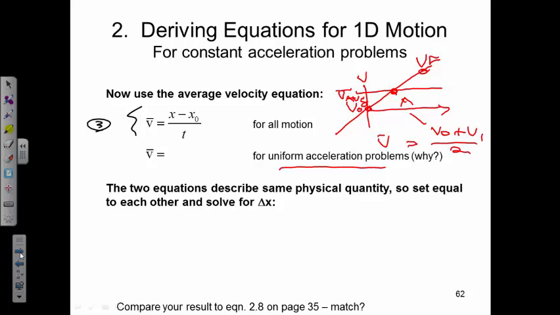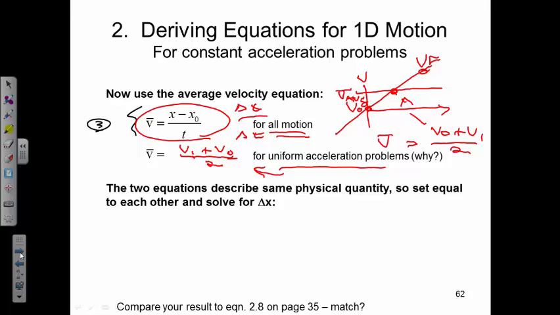That equals our average value when we have constant acceleration. This is not true if we don't have constant acceleration. The formula up above is good for any situation; it's our good old friend delta x over delta t, simplified a little bit. So that is good for all motion, whereas this equation is only good for uniform acceleration problems.